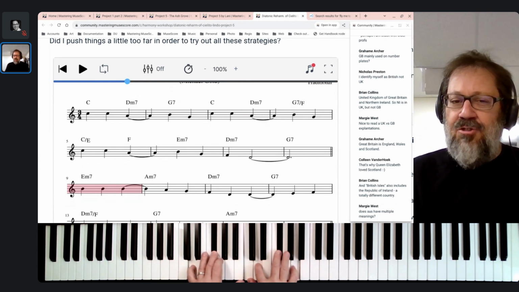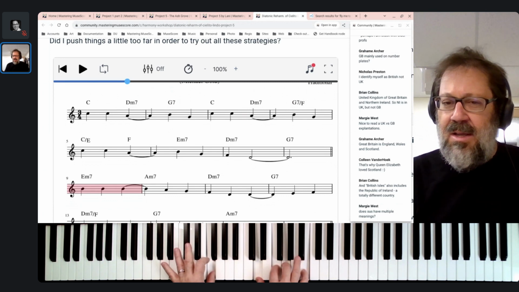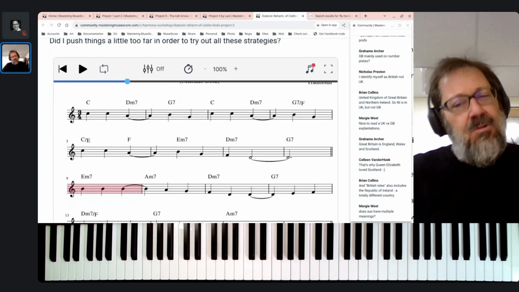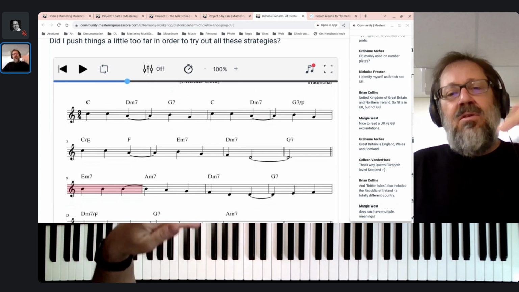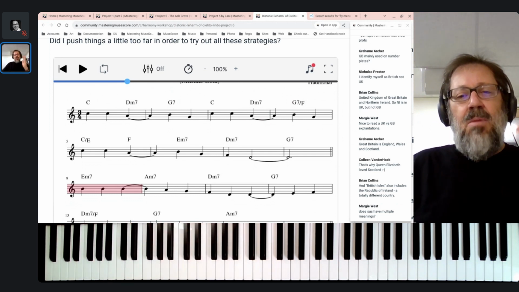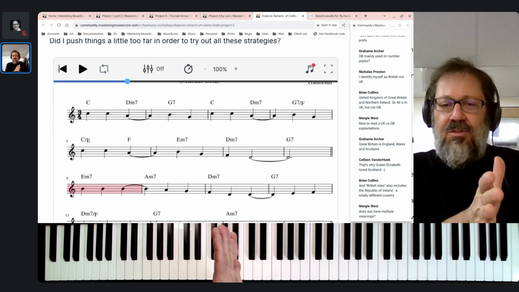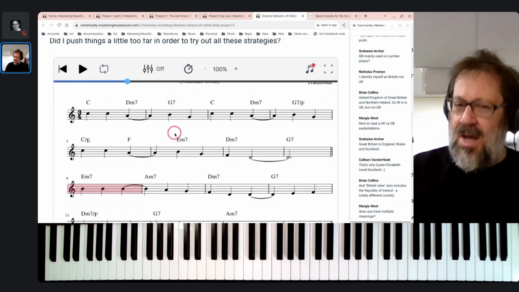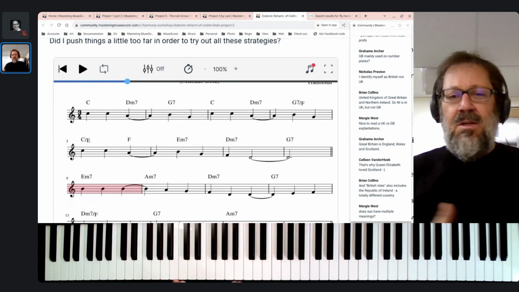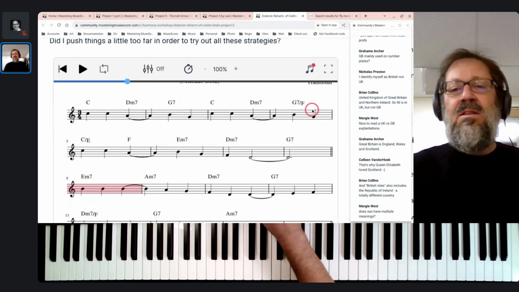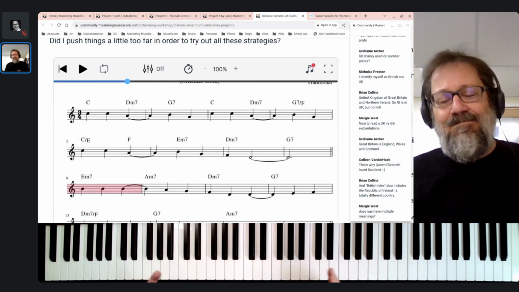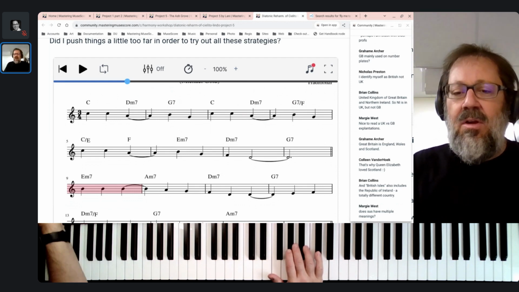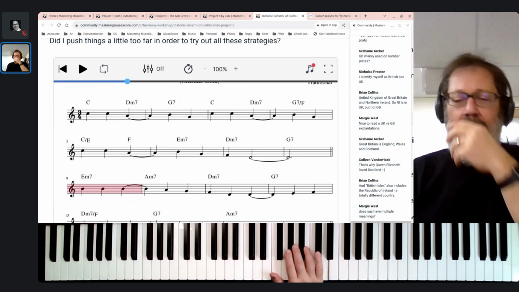I didn't like the idea of jumping from that secondary dominant into an inversion, leaping in the bass into an inversion. I'm not saying we can never leap into inversions, but we do that at the starts of phrases, not in the middle of a 2-5. So typically in the middle of a 2-5 like that, you're not going to leap into an inversion. Yeah, I think I'm overgeneralizing, but I'm just talking out loud.